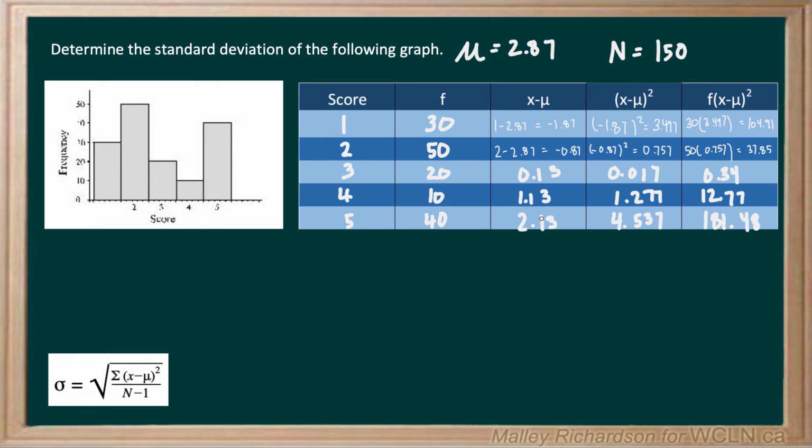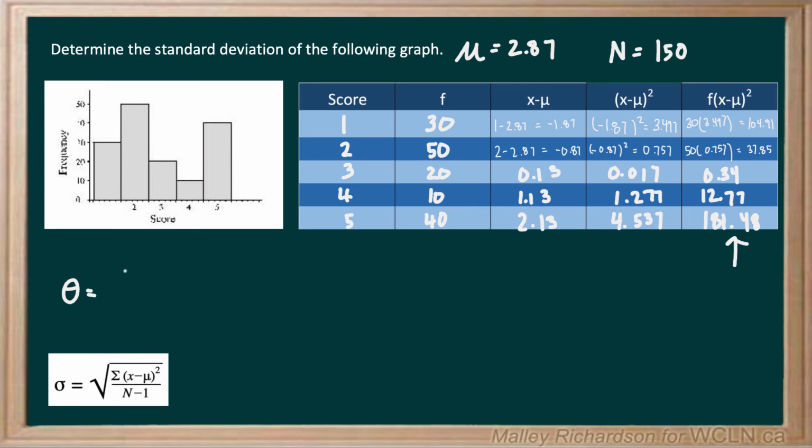So now that we've filled out our table, we can use this to solve for the standard deviation. From the equation, the standard deviation is the square root of the sum of x minus mu squared divided by n minus 1. So because we're dealing with a frequency, we have to take the sum of frequency multiplied by x minus mu squared.